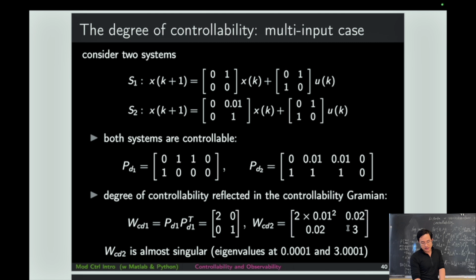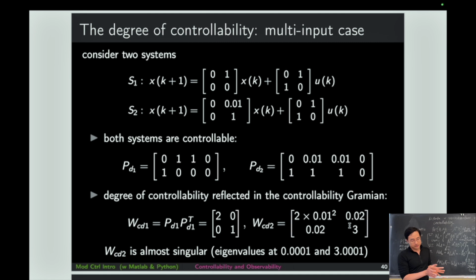The second one is not. You can see for the second one, the 1 entry is very tiny. It's 0.01 squared times 2, so this is almost 0. This is also very small. This is almost losing rank. The eigenvalues you can compute to be 0.0001 and 3.0001.